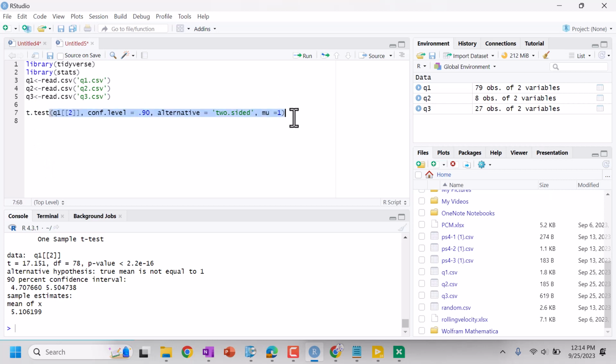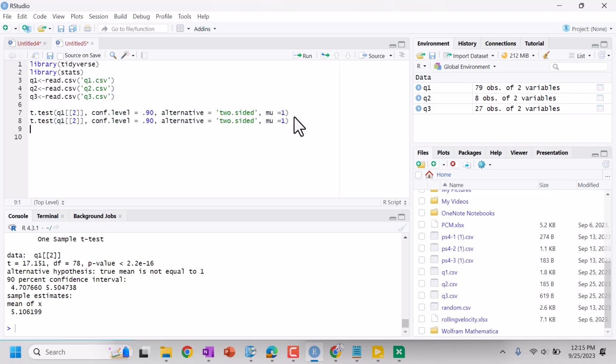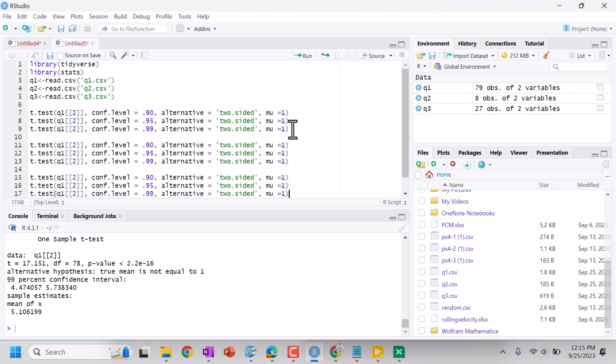So we can do that for 90. Then I'm going to just change this to 95 and 99, so we can get this, then this, and this. Makes sense. Then I could just copy the whole thing and get the same interval there. So if I have the data set, I could really utilize R significantly.